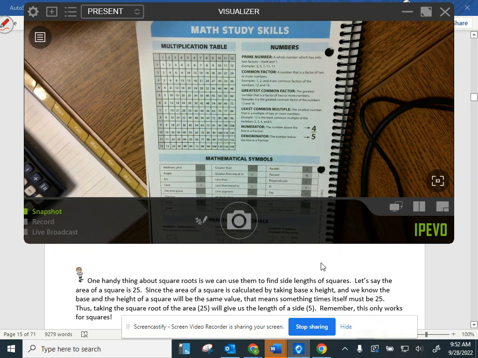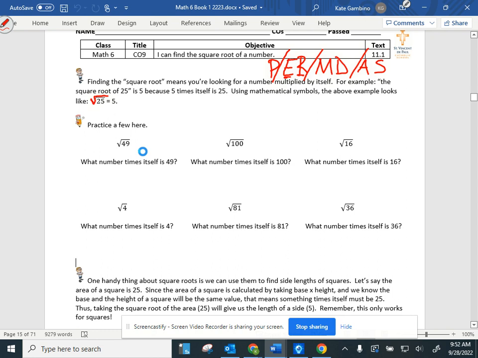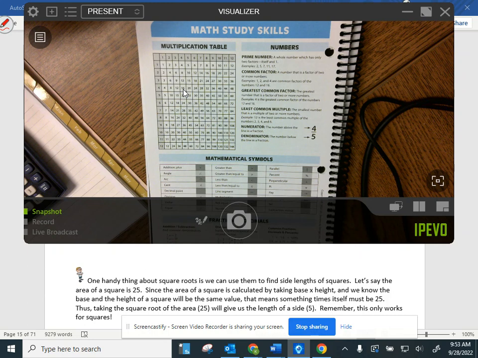So if we look at our next one, square root of 49. Some of us right off the top of our head know what times itself equals 49. Some of us might want to look at our multiplication table. Thank you to my friends who are silent. I appreciate that some of us know the answer right away.